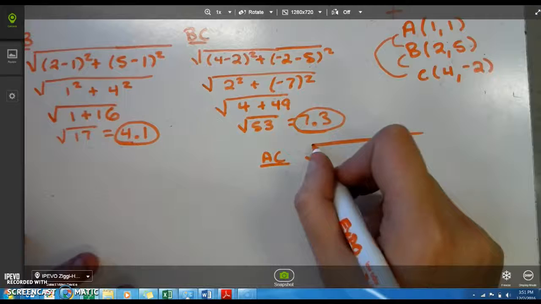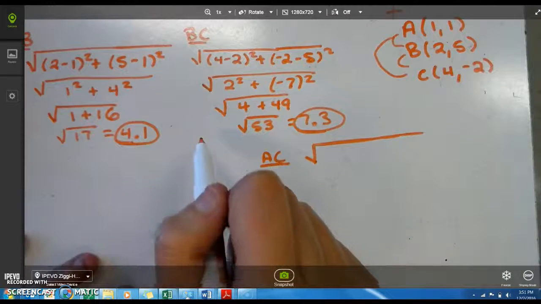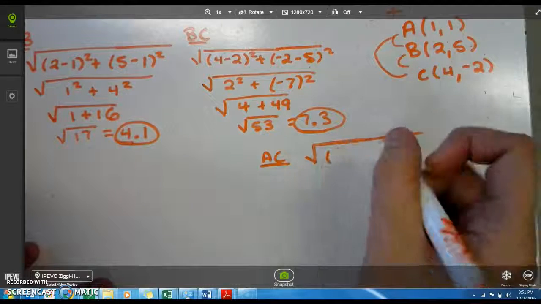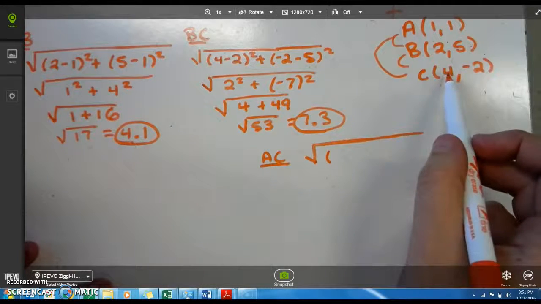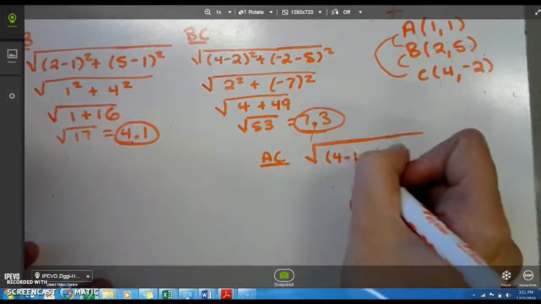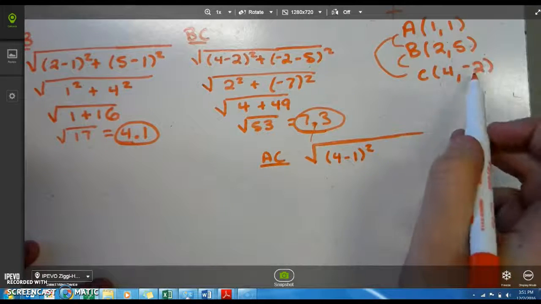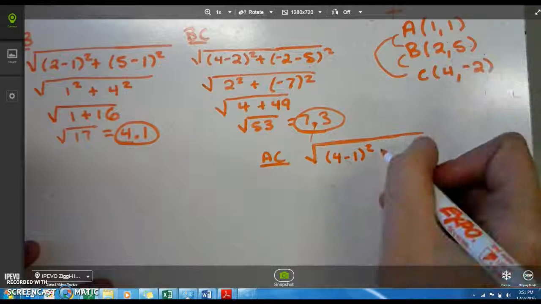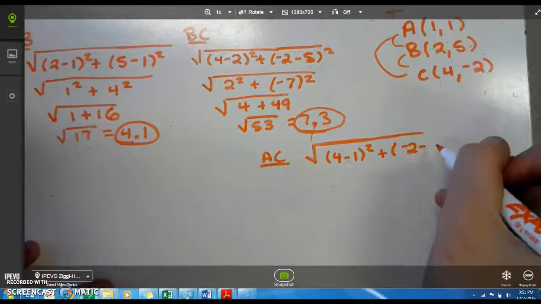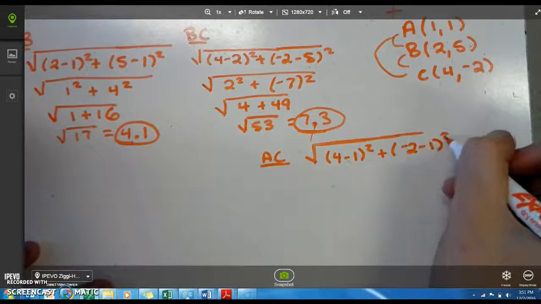And remember, you could have subtracted B from C or whatever, as long as you use the right 2 points. So I'm going to do 4 minus 1 squared, and then I'm going to start with C, negative 2 minus 1 squared.